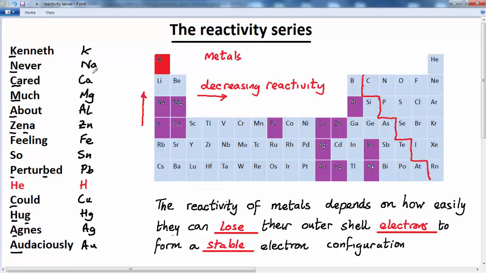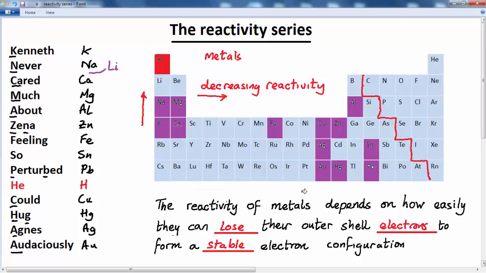So in the next few lessons, you'll see that in the reactivity series I use, I have lithium here, which fits in between sodium and calcium. Okay, so lithium is important in the IGCSE and the GCSE syllabuses nowadays.